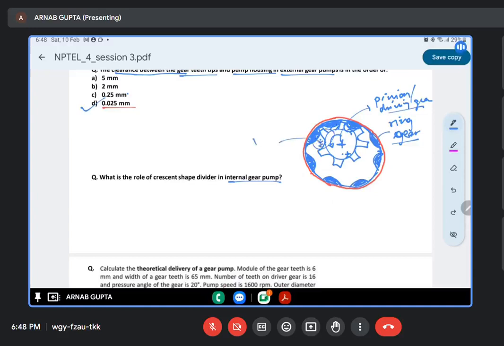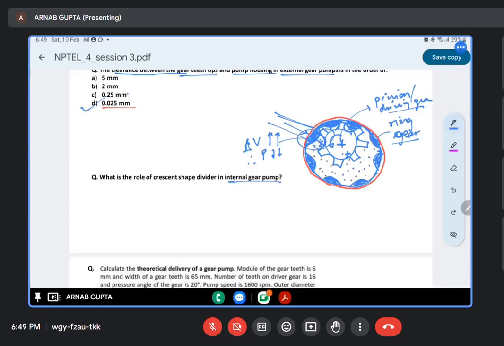If I consider this to be some small volume, say delta V, then this delta V is expanding. So that's why the pressure is reducing and the suction takes place like this. If we put a pipe here, then the suction will take place at this point.